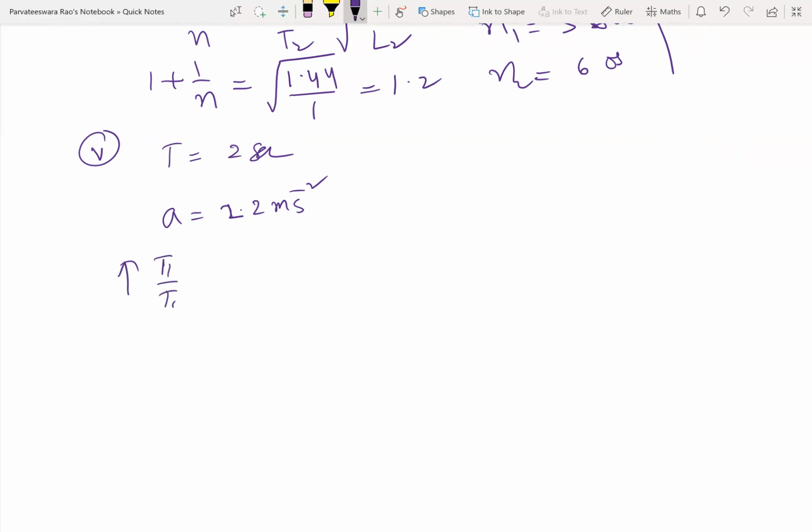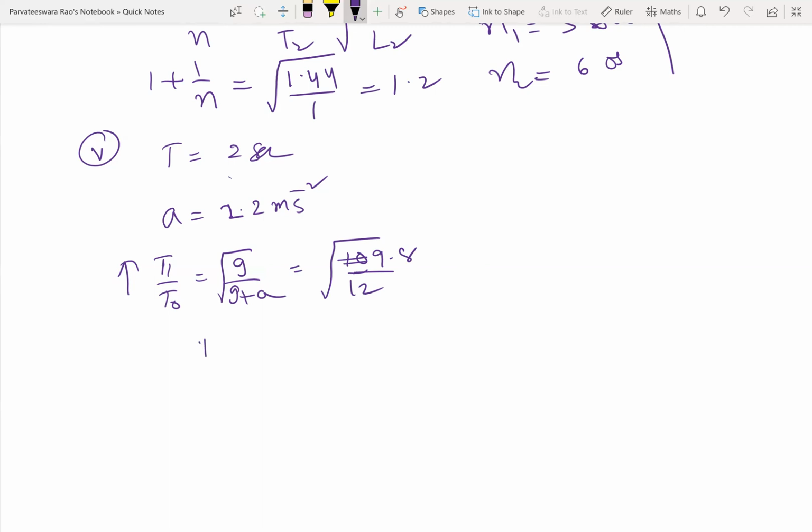T1 by T naught is root of G by G plus A. Root of 10 by 12, or 9.8 in fact. Or you take G is equal to 10, 9.8 by 12.